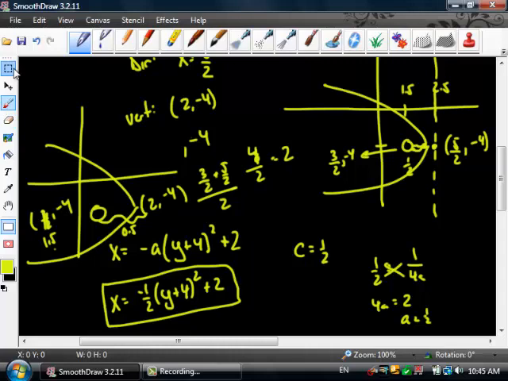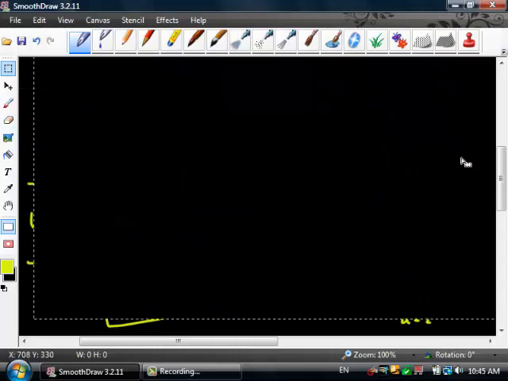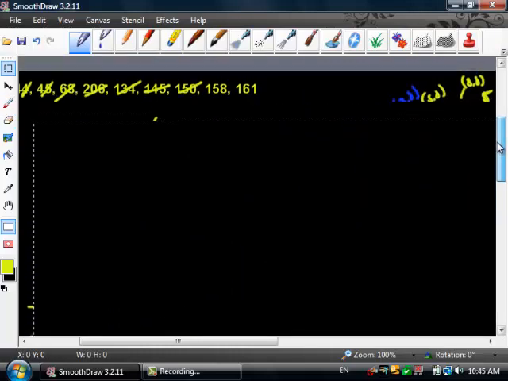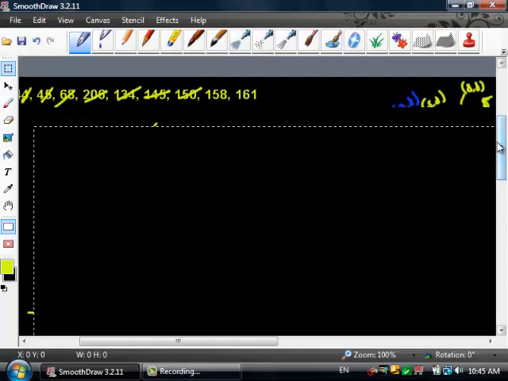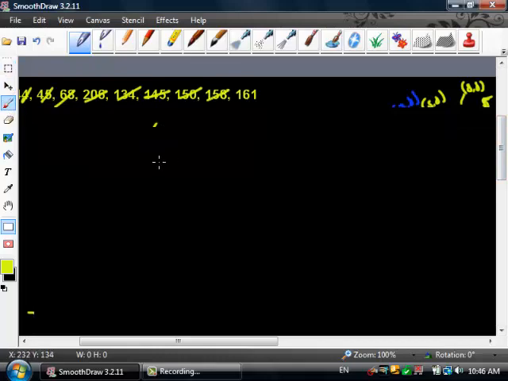Okay, let's do the last problem here, which is not the last problem, 158. We've got a quadratic system. So 158 is going to be negative x squared plus 2.